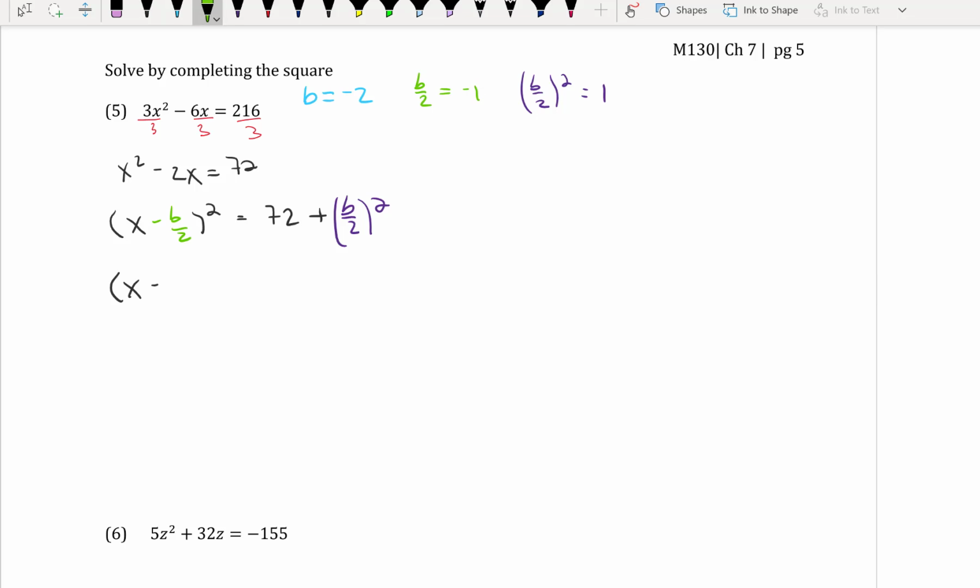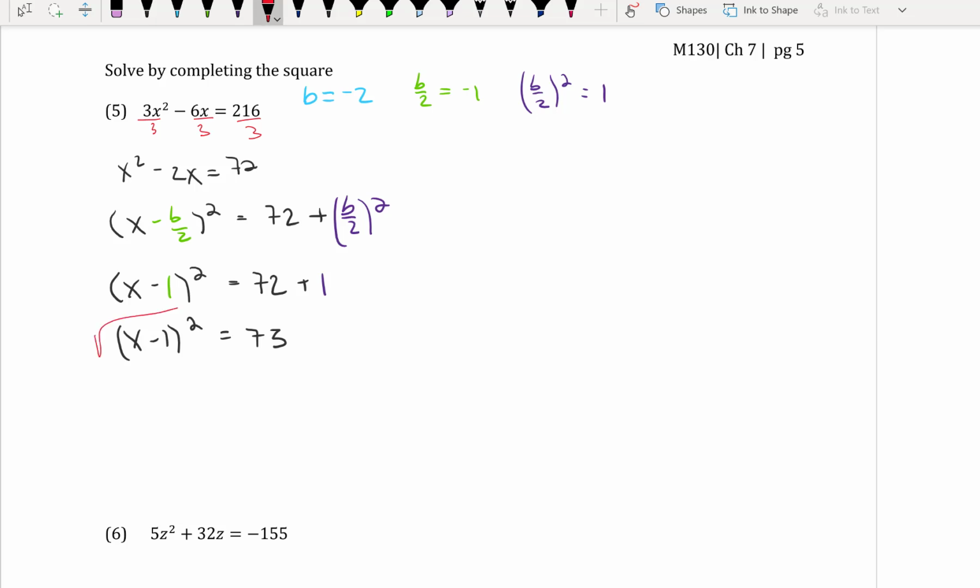So that b divided by 2 value is your -1. And that b divided by 2 squared value is a +1. So now you have x minus 1 squared is equal to a 73.